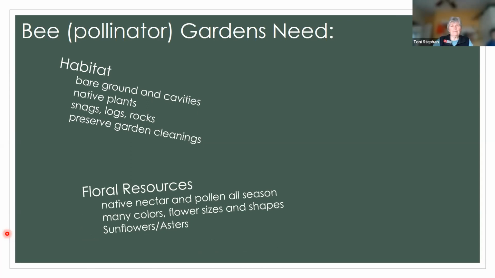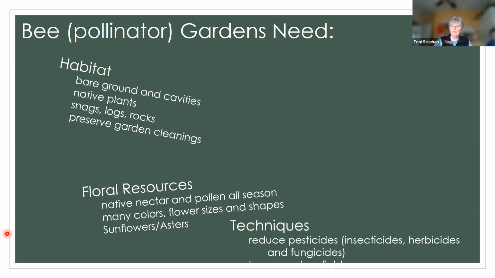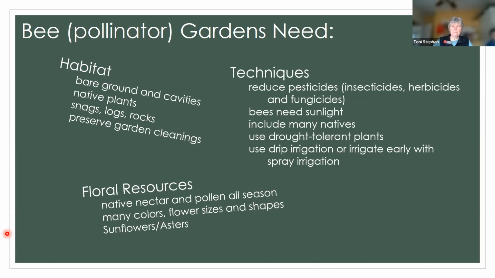Many people are, and they will say you shouldn't have ornamentals, but hey, have ornamentals. They increase the number of colors, flower sizes and shapes that you can include in your garden. For us, we need a little more eye candy sometimes than the natives can provide. And of course, select plenty of asters.